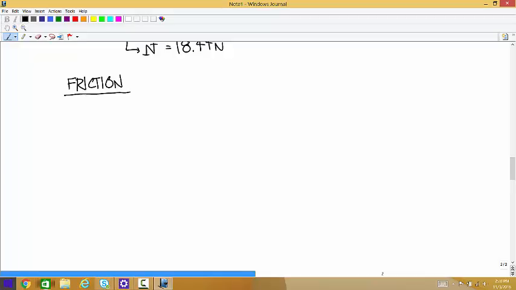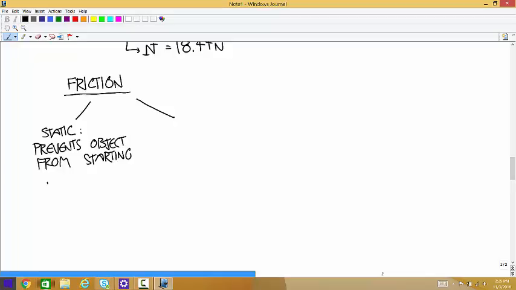Okay, so friction, you can break up friction into two different categories. The first one is called static friction. That is the friction force that prevents an object from starting to move. So static friction is what you use if the object is at rest, if it doesn't have any velocity at the instant that you're looking at.